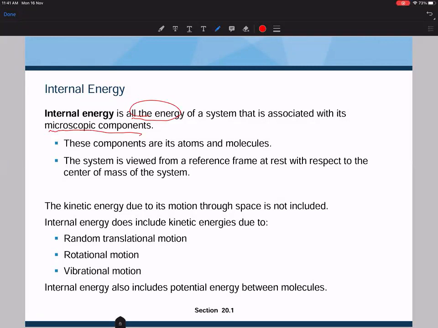And actually, if we want to include all the possible forms of energies, we may have to include interactions between molecules, and that would become the potential energy between molecules. As I said, interaction between gas molecules would be negligible, but they are definitely present in the case of liquids and solids.